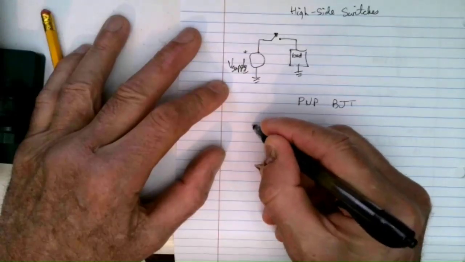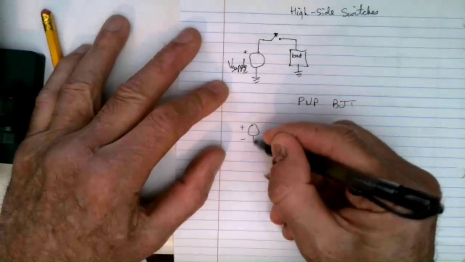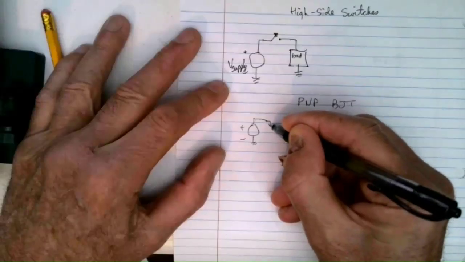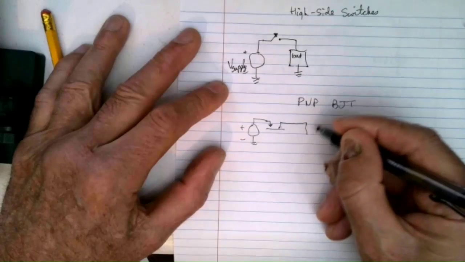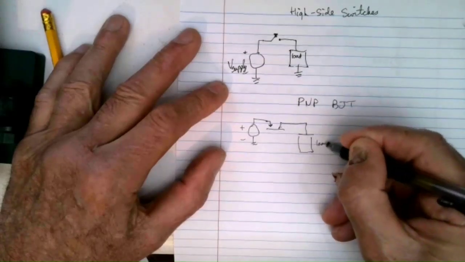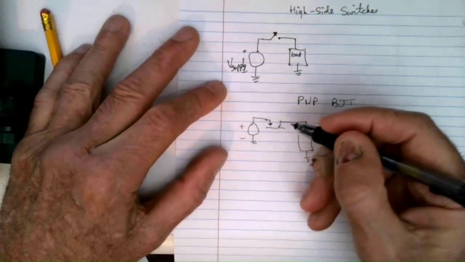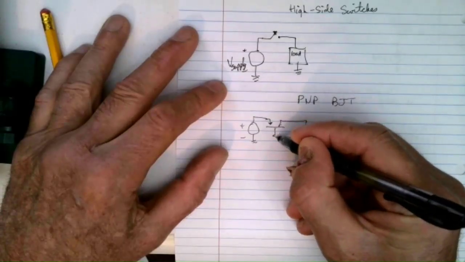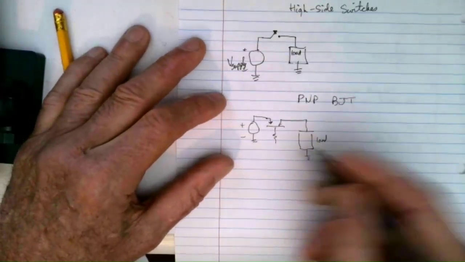I'm not going to go into a tremendous amount of detail here, or this video will be 4 hours long, but the supply connects to the emitter of the PNP, the collector connects to the load, and then the base is where the control happens.